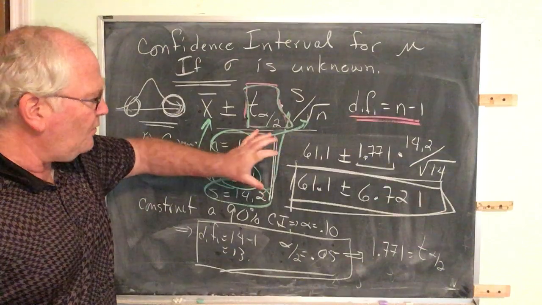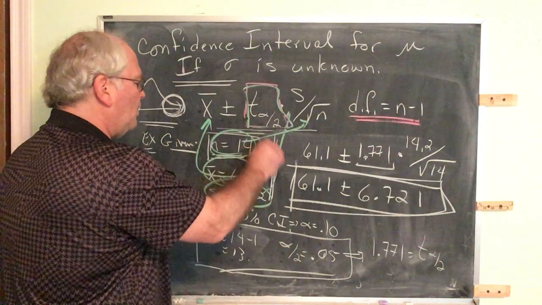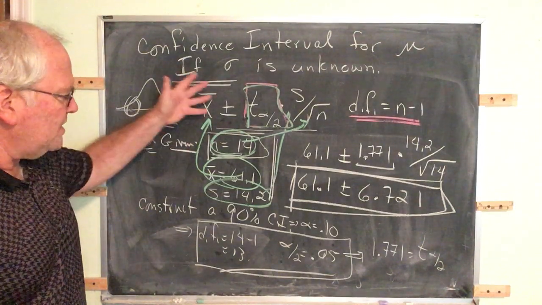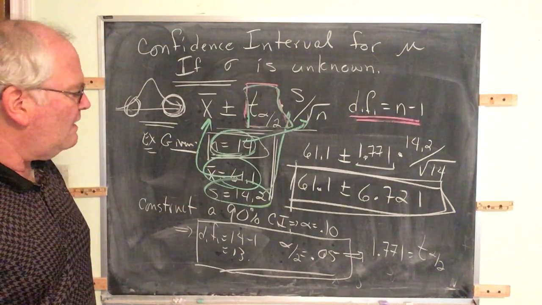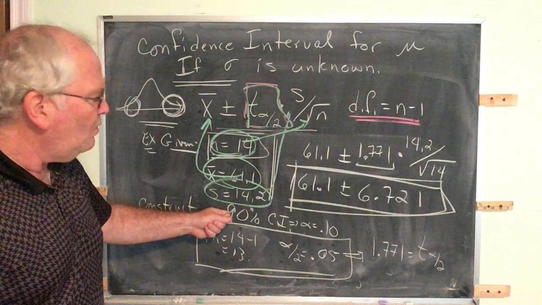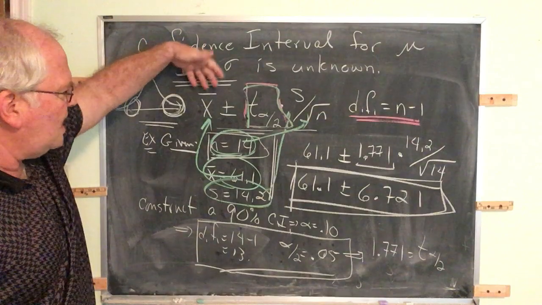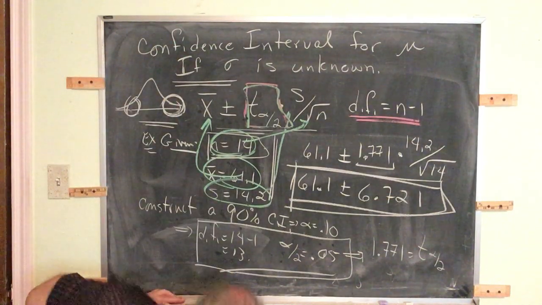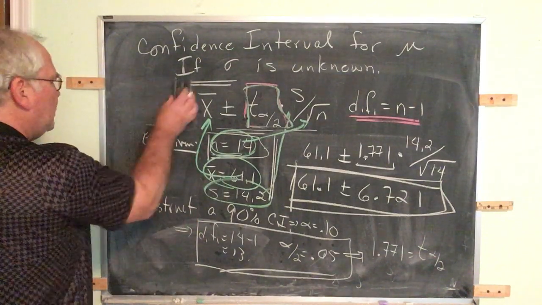What this means is if we did, taking samples of size 14, a large number of confidence interval computations, then approximately 90% would be covering, we say covering, this population mean mu. We're trying to estimate the population mean.